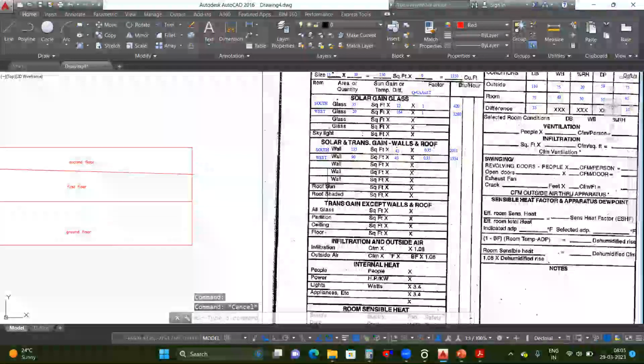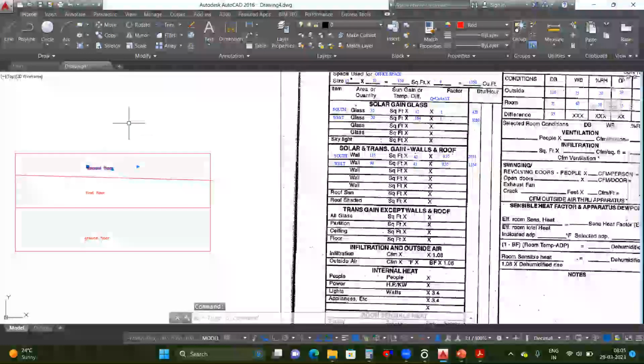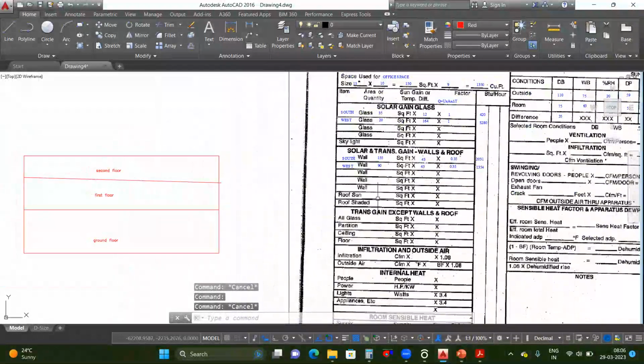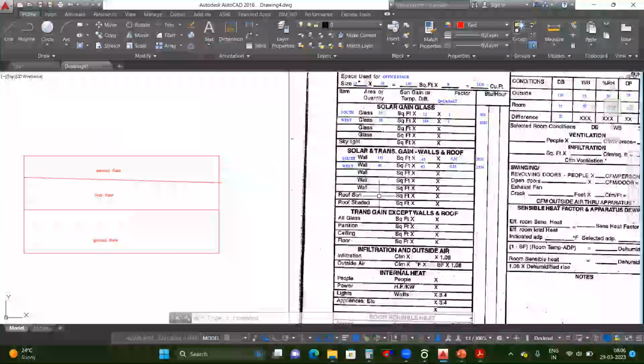So here for roof sun, in this example, I will consider this as a top floor so that I will take the values of the roof. So roof sun and roof shaded we have. Roof shaded is nothing but if our roof is covered with a sheet or something, so the sunlight is not directly hitting, we need to take the roof shaded value.